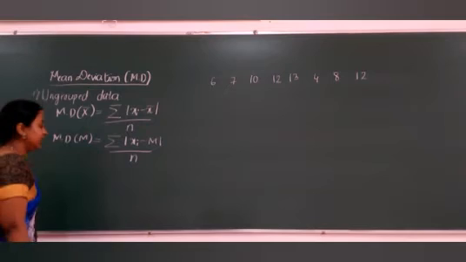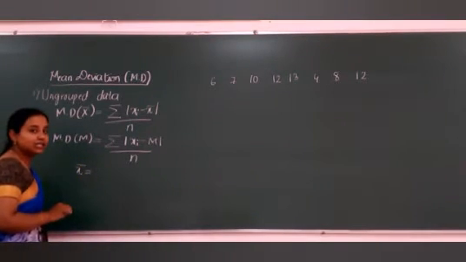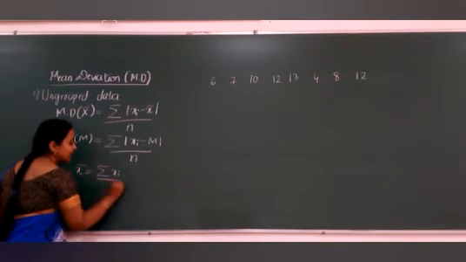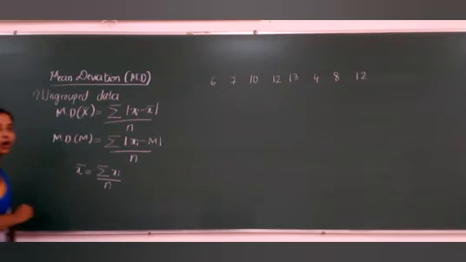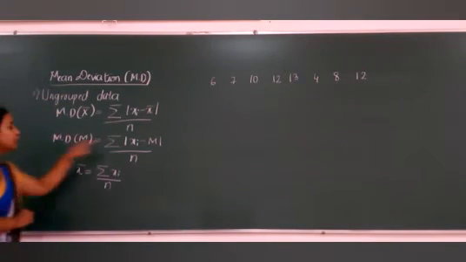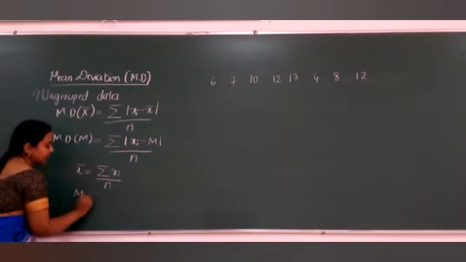So what is the mean formula for an ungrouped data? The average formula, which we just discussed. It is the sum of all the observations divided by the total number of observations. This is for mean, that is for ungrouped data. Now for median, what will be the median for an ungrouped data?